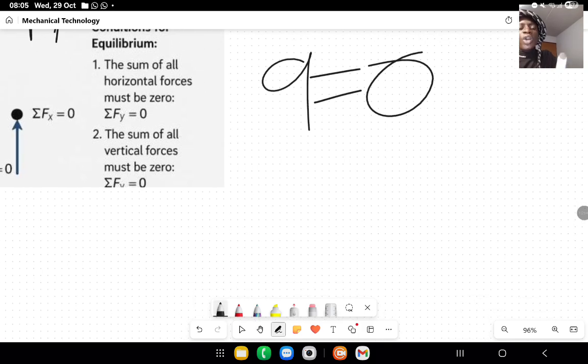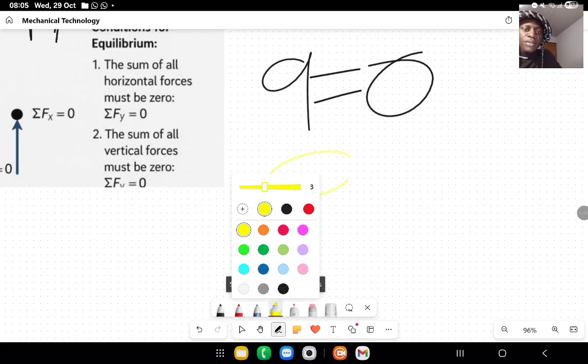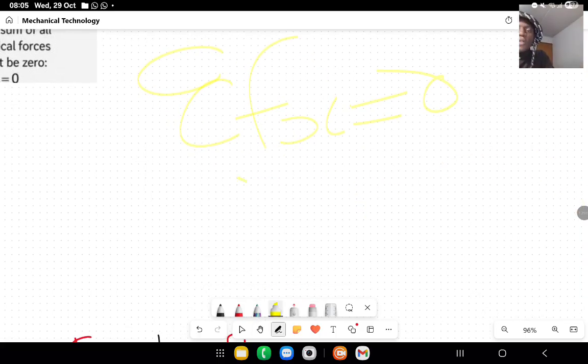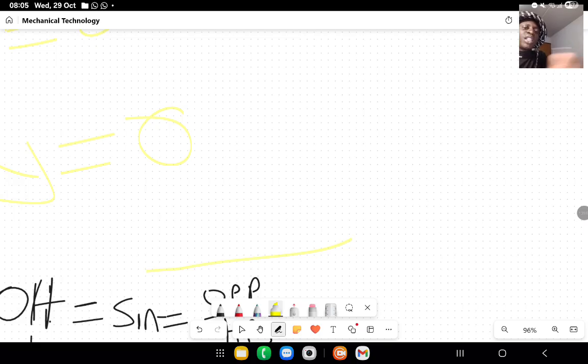And we were using the condition that the sum of x equals zero, and the sum of y must also equal zero.